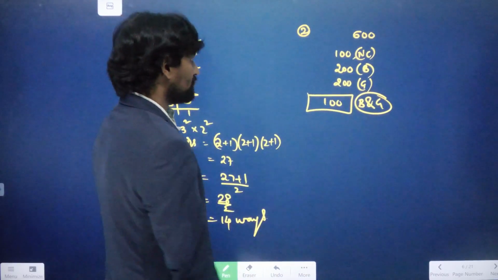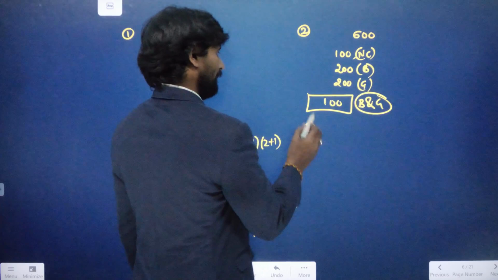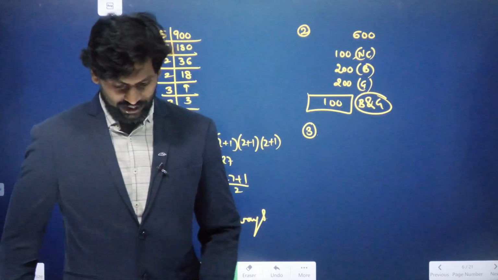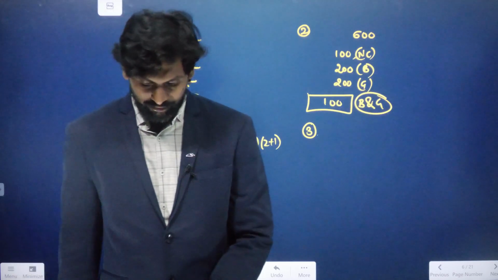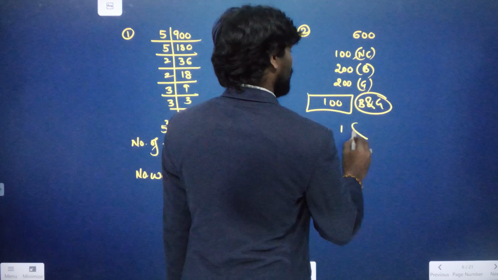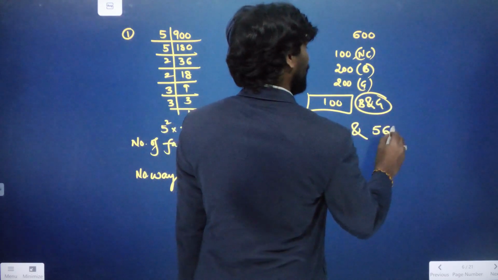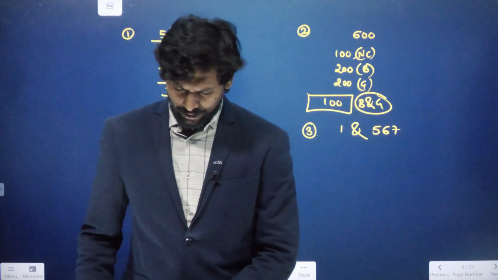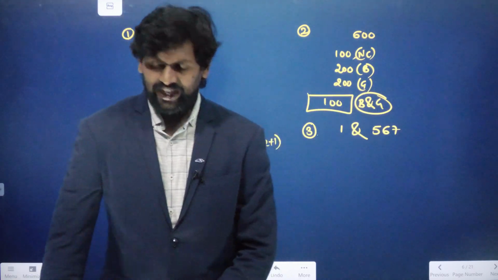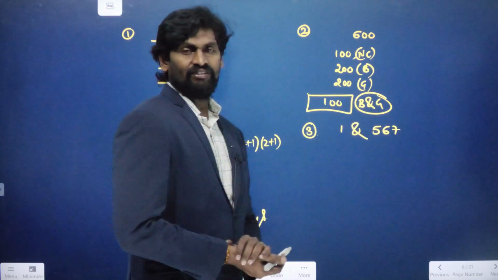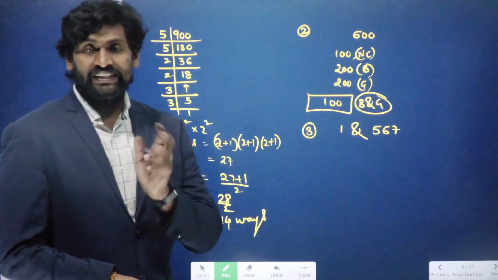Okay, let us move on to question number 3. The number of integers between 1 and 567, which are divisible by either 3 or 5 or 7. So between 1 to 567, total number of integers we need to find.